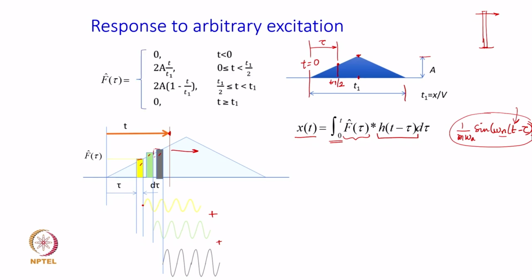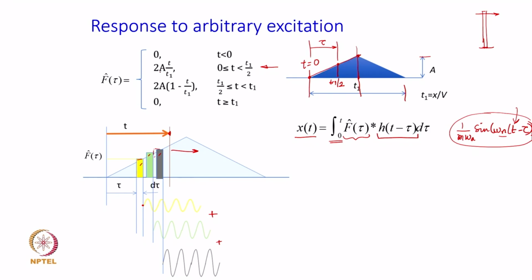So, to do that, this is how we formulate mathematically this triangular waveform: before t equal to 0, obviously there is no excitation, and in this period starting from 0 up to this particular point of t1 by 2, the force changes linearly.